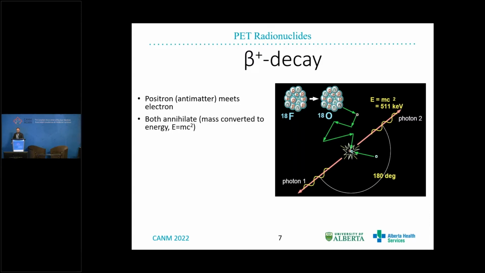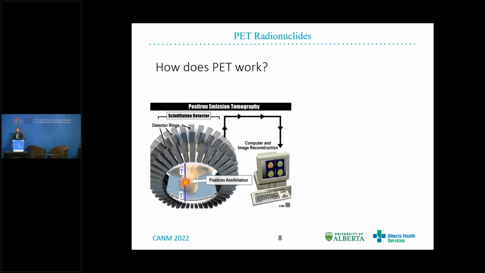It annihilates and it gives out 2 photons with 511 keV in opposite directions. So that is basically what we take advantage of when we do PET imaging. We do coincidence detection, and we use a computer for image reconstruction, and we get the PET image that we want.